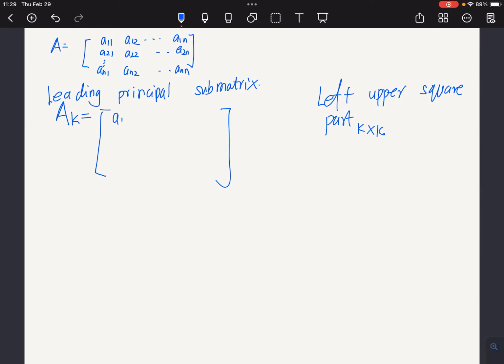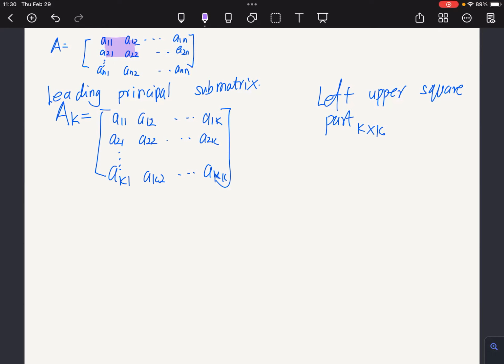It consists of A11 and so on, all the way to A1k, then A2k, and down to Ak1, Ak2, and Akk. That's just the square part on the left upper part of the original matrix, and it's k by k.